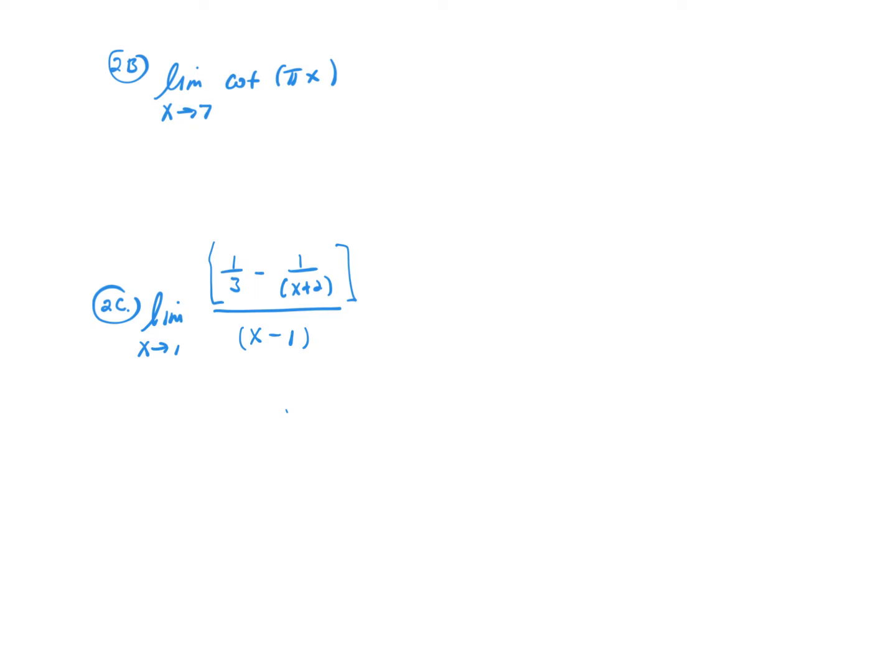Okay, so number 2b, we have the limit as x approaches 7 of the cotangent of pi times x. So we're finding the limit here at the cotangent of 7 pi. For trig functions, I would really encourage you to look at the graphs, and you'll have to make these on your own on the quiz. The cotangent function actually has asymptotes at every whole number multiple of pi, so at pi and at 2 pi and so on.